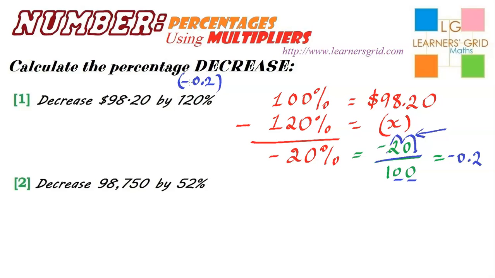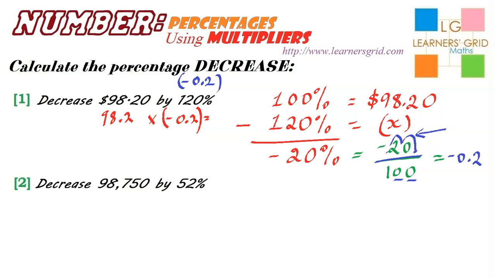Next step is to use that multiplier. We're going to go 98.2, which is $98.20, multiplied by, and then we're going to go minus 0.2. To make this even clearer, I'll put this in brackets.